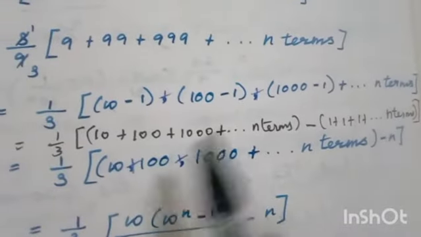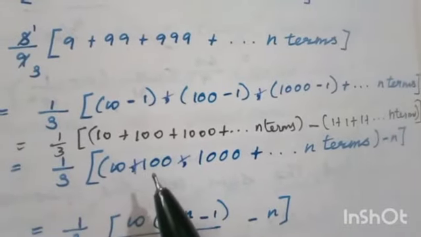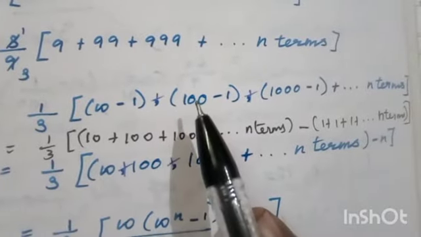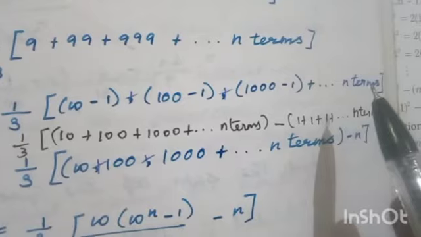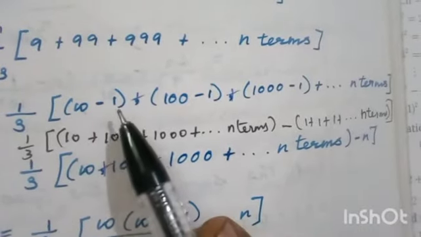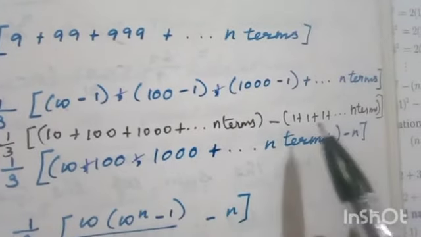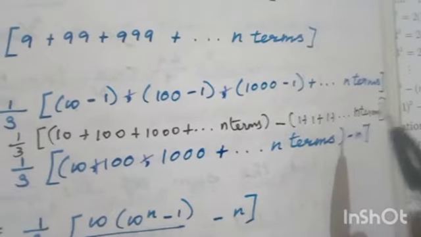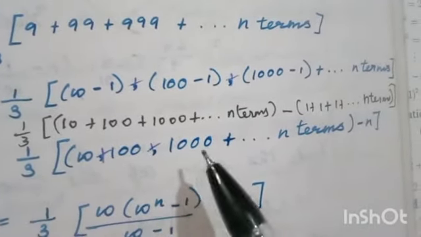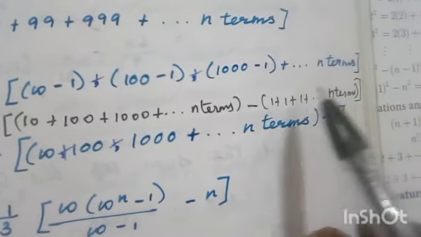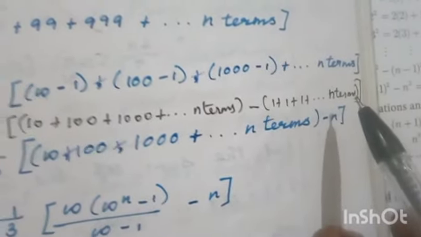Now after this you make a group. So that is 10 plus 100 plus 1000 to n terms, minus (1 plus 1 plus 1 up to n terms); the minus is taken commonly outside. So that is 1 by 3 into (10 plus 100 plus 1000 etc. to n terms minus n), since 1 is there n times.